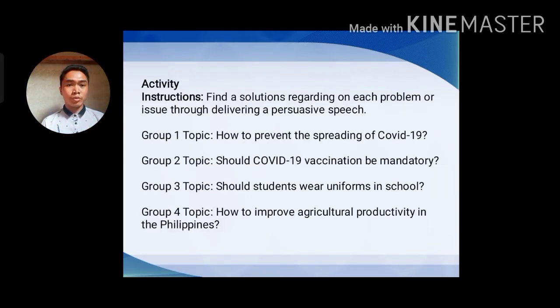And now I'm going to give you 5 minutes to do this activity, and after you finish, choose one representative per group in order to present your persuasive speech in front of the class. So you may start now.